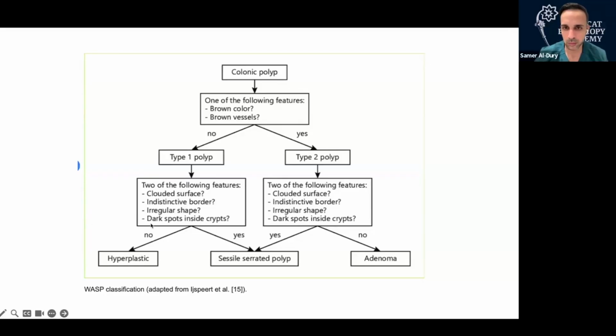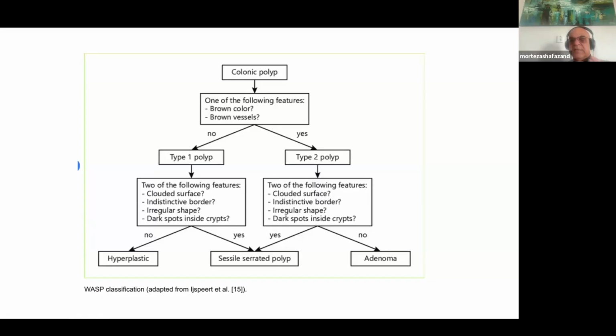When you look at it, the borders are not very clear with the white light, and sometimes even with narrow band imaging you cannot see the borderline very nicely. The shape is not like a regular adenoma, which is pretty regular unless it has already turned to cancer. Here you have an irregular shape, and also dark spots inside the crypts.